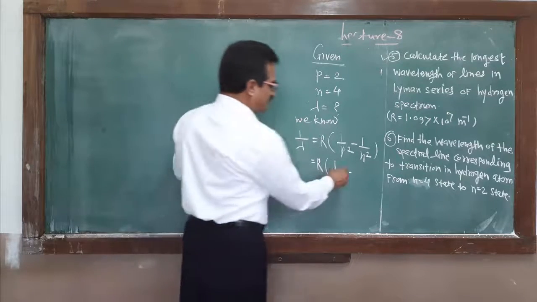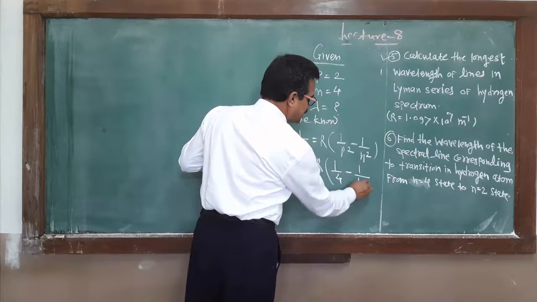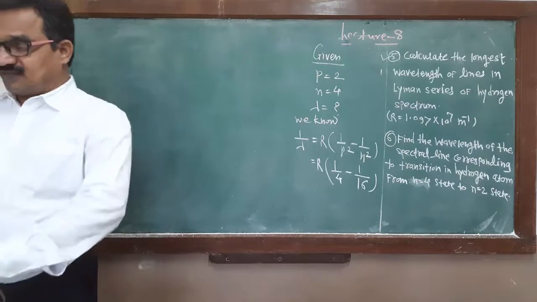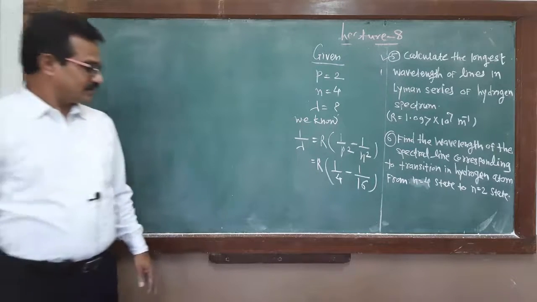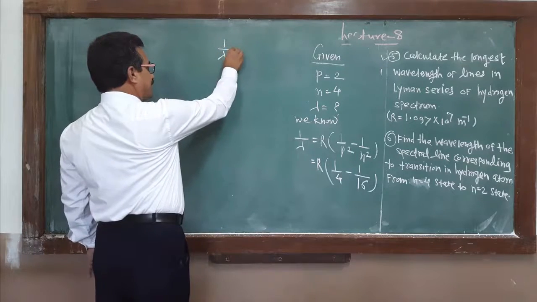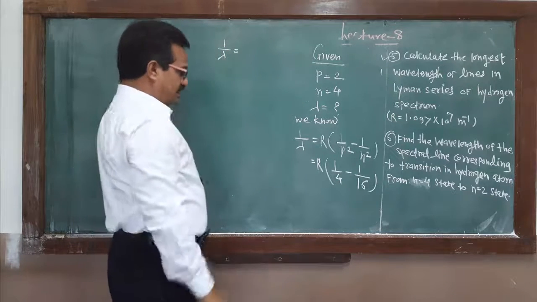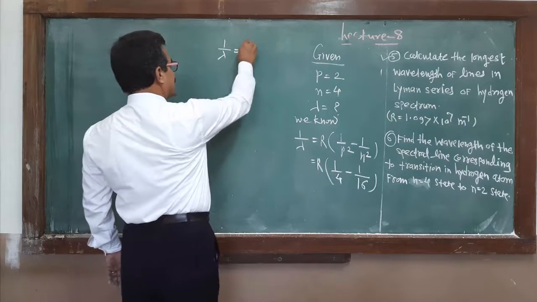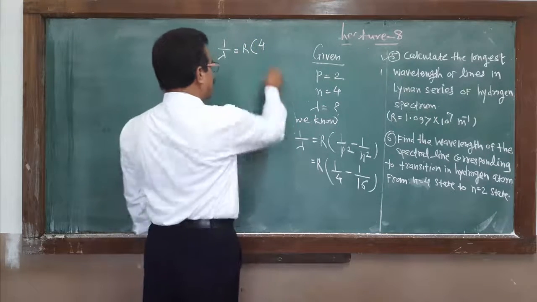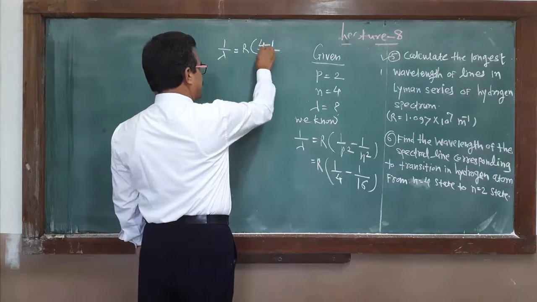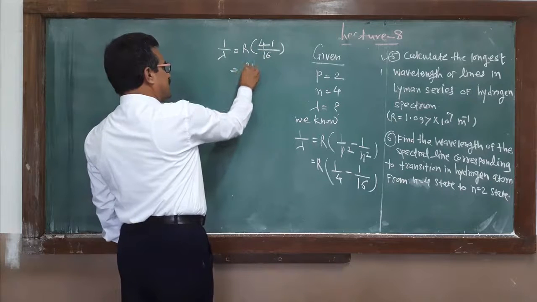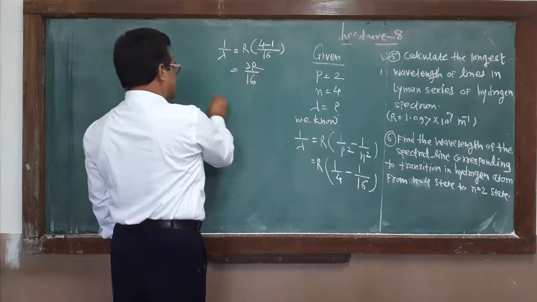Means 4 square, that is 16. 1 upon lambda is equal to this. After considering this, 1 upon lambda is equal to R in bracket 4 minus 1 divided by 16. That must be equal to 3R divided by 16.